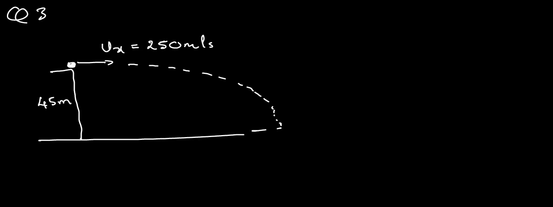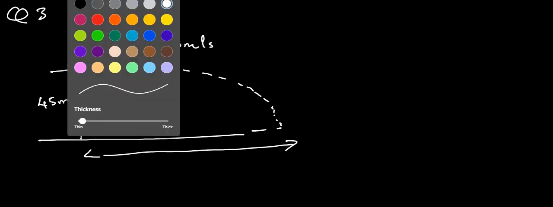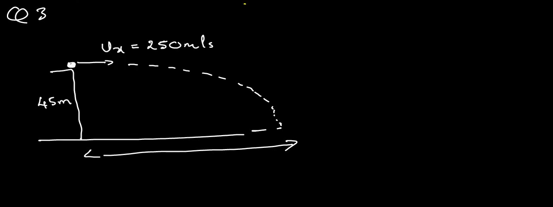So they're asking for the time it takes, the time of flight, the time it's in the air, and also the range. And you notice that they're asking for the vertical component of its velocity as it strikes the ground. So we know the velocity in the x is always going to be the same, but the velocity in y is constantly changing.